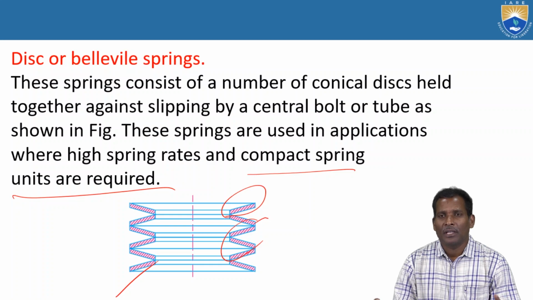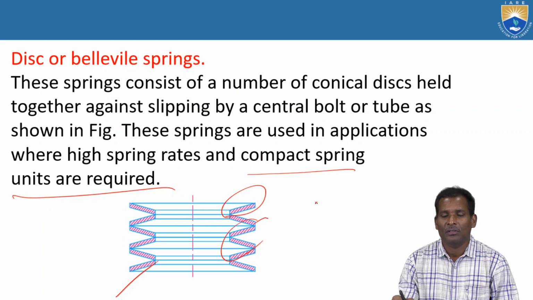Wherever less space is available, this type of spring, disc or belleville spring, is used, and it gives a high spring rate. The spring rate depends on D by d, the ratio of mean coil diameter to wire diameter. I will tell you in later slides.